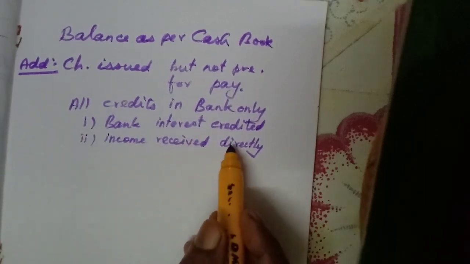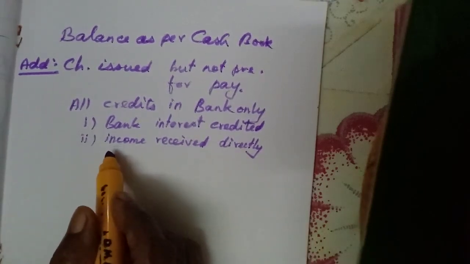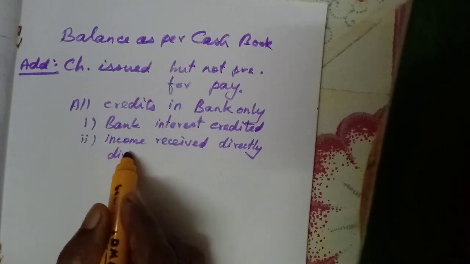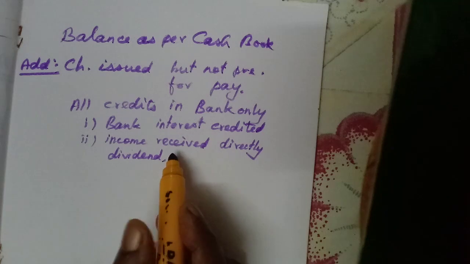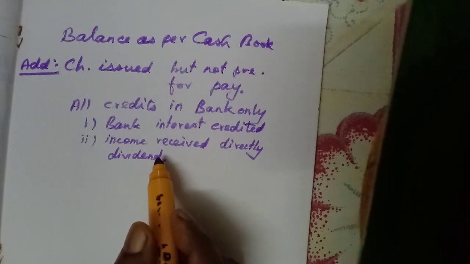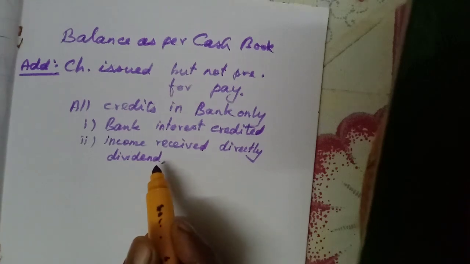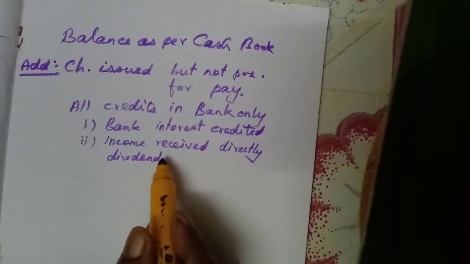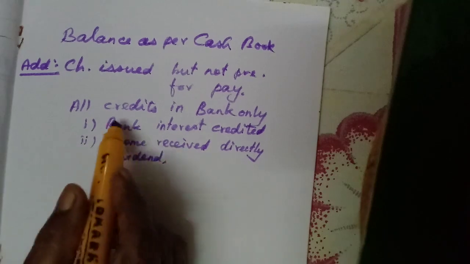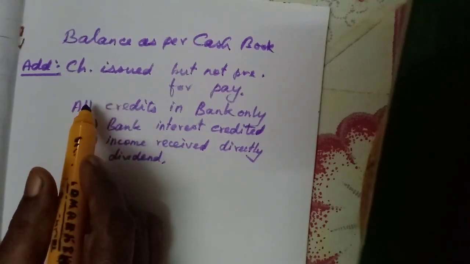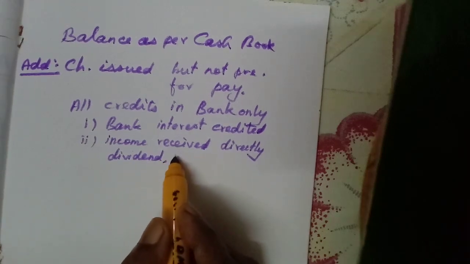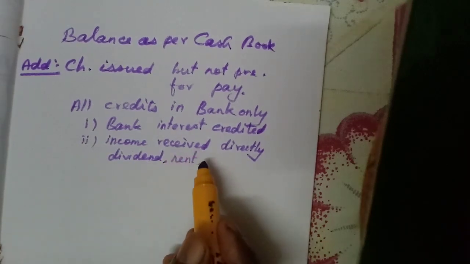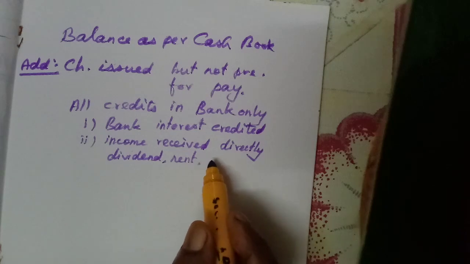This one we can say any dividend. For example, dividend can be received by the bank on our standing instruction. The customers may give some instruction to receive some of the income of the customer. That may be received by the bank, but this will not be known by the cashier in the business concern. So dividend or rent that they receive or any other thing.